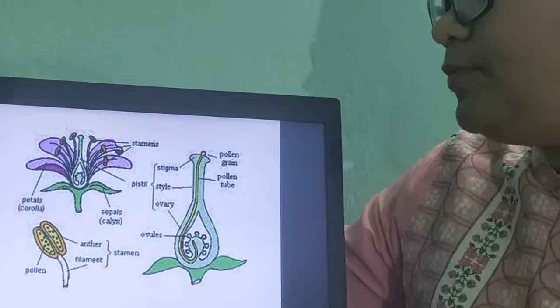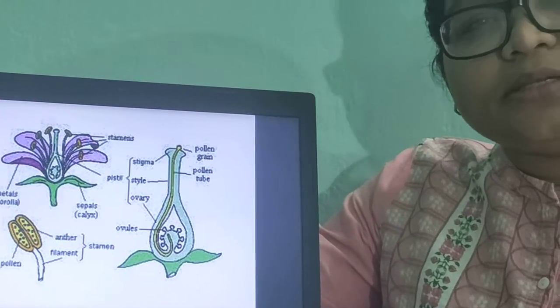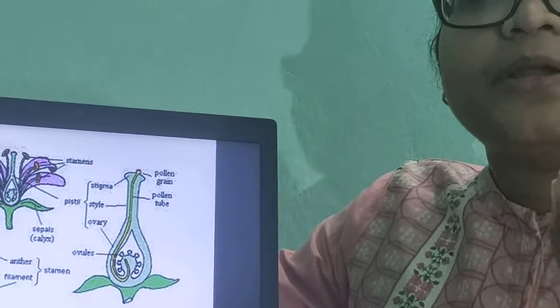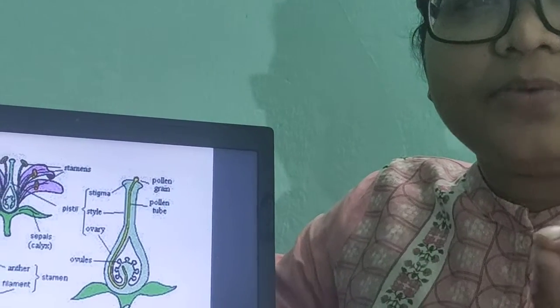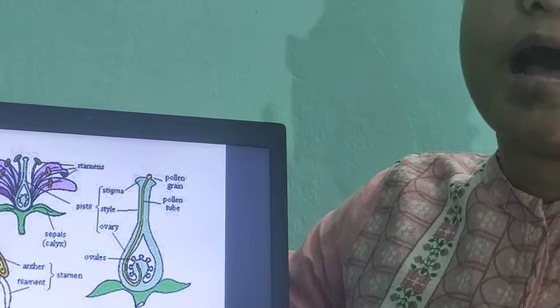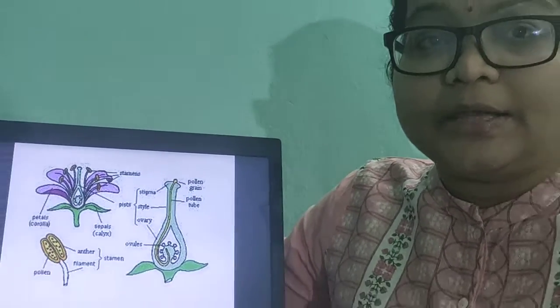There are some flowers where a single carpel is present, right? If a single carpel is present, it is called the monocarpellary condition. In some flowers, more than one carpel is present, known as multicarpellary. Got it?